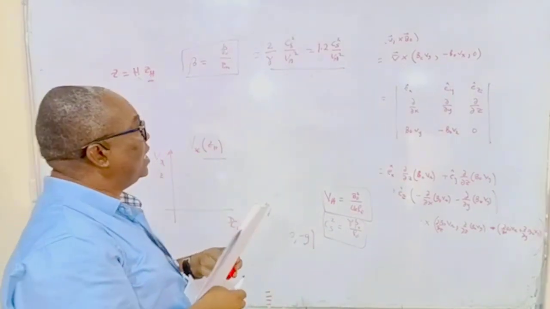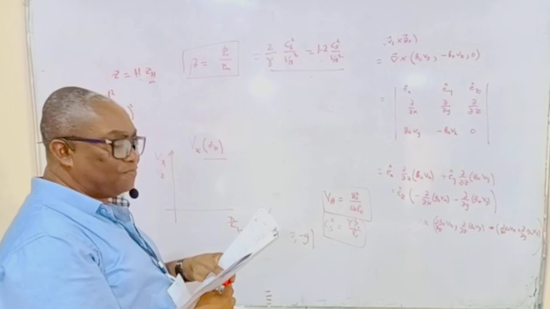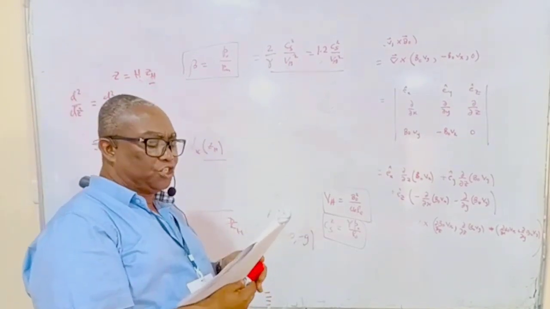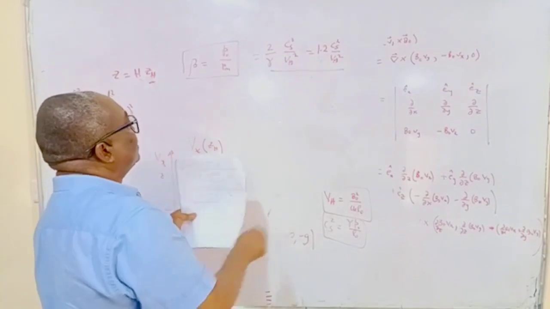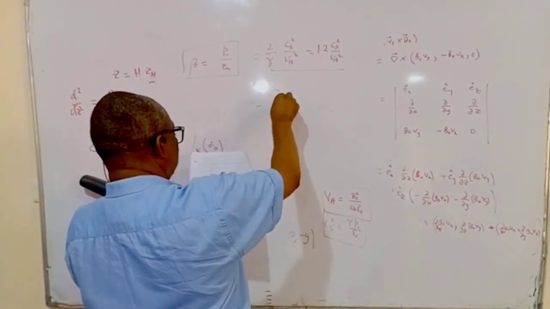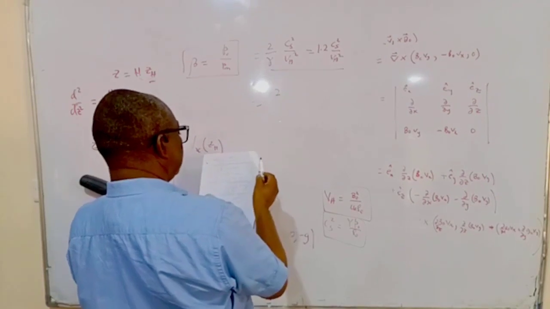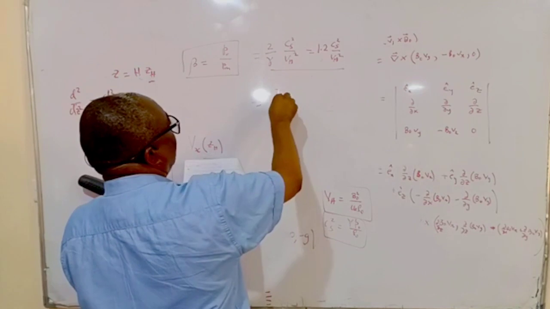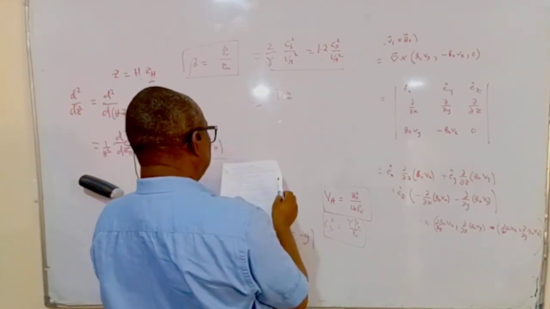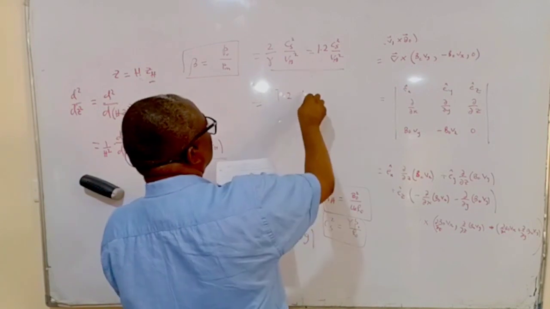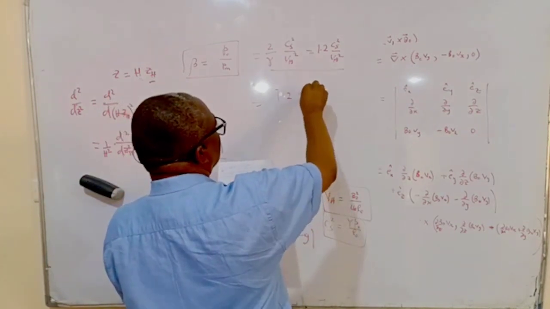But if you know the value of VA squared, we can simply write this as 1.2 times CS squared.